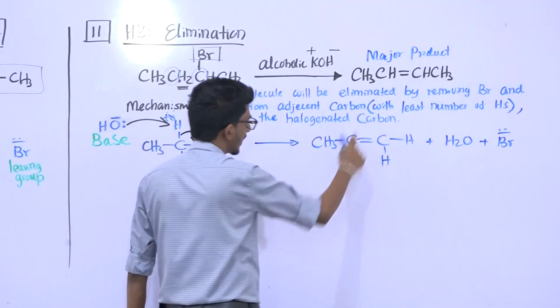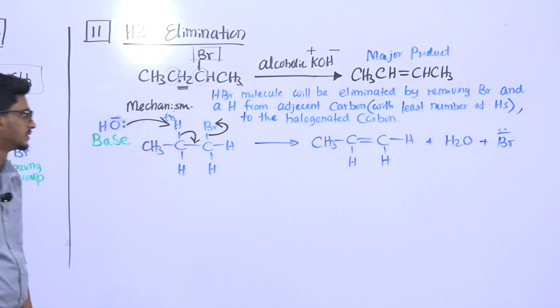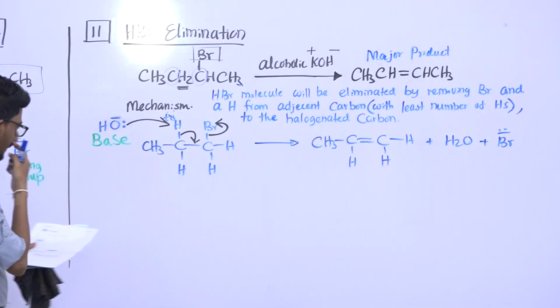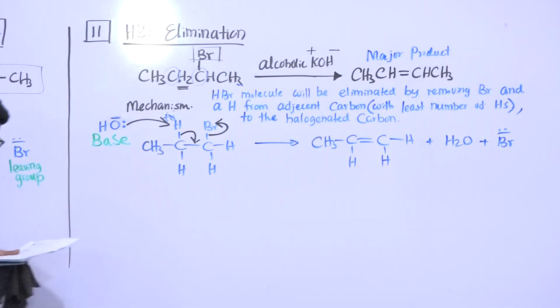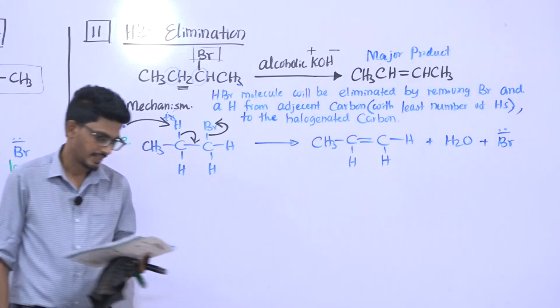So that is the carbon with the least number of hydrogens. So that is the elimination mechanism involving alkyl halides.